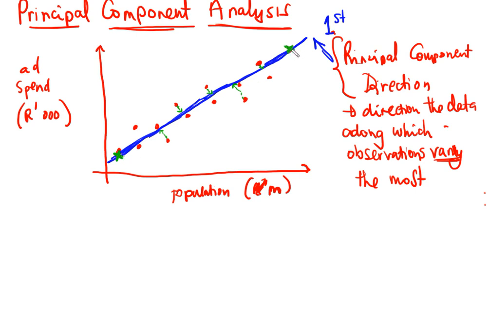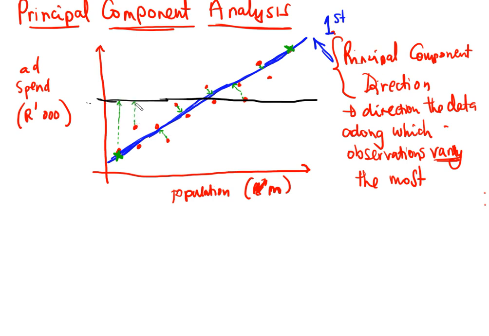This line is the one that gives us the most variability, because look at a line like this. What about the horizontal line? If we drew a horizontal line like that, when we projected our points they would be projected like this.